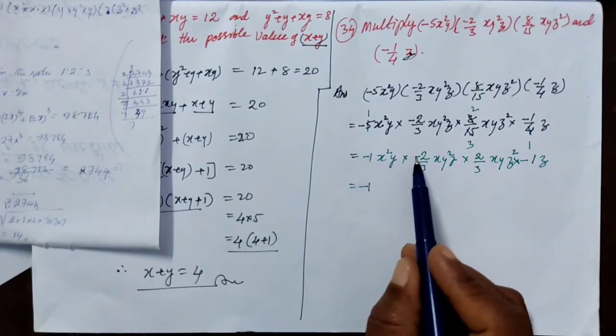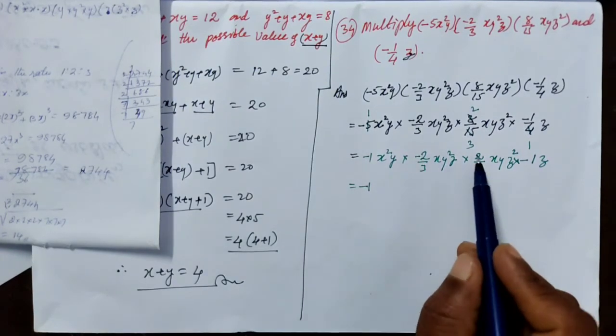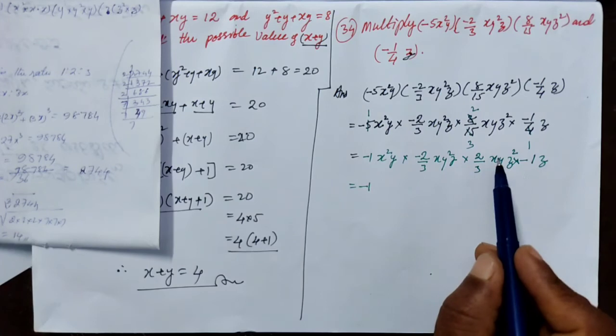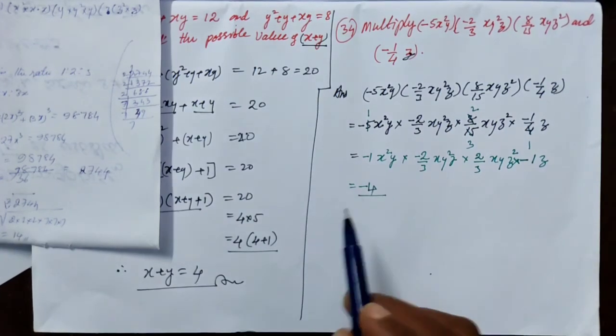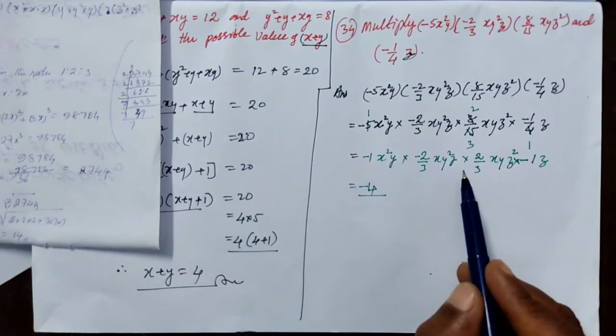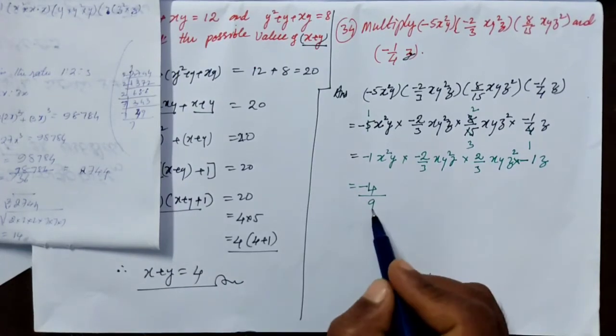Now 1 to the 2, 2 to the 4, 3 threes are 9.